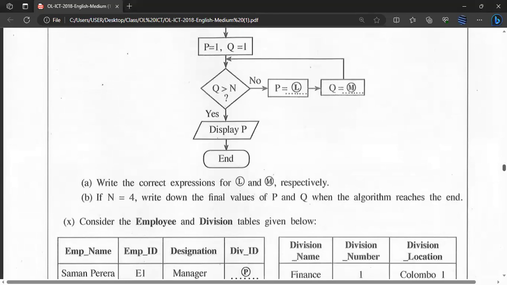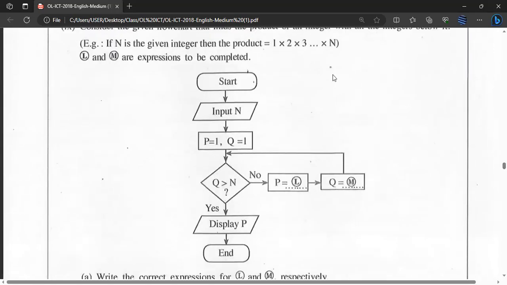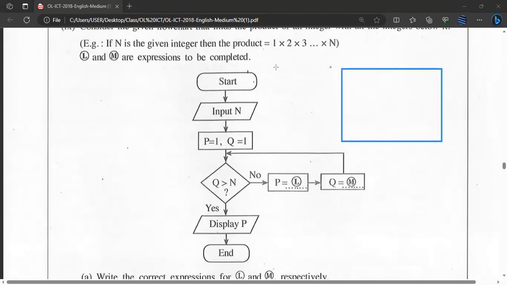Here they're asking, in assignment 4, write down the final values for P and Q when the algorithm reaches the end. Right, now here we need to use some sort of logic, right? So let me explain that. So we have P and Q, okay?